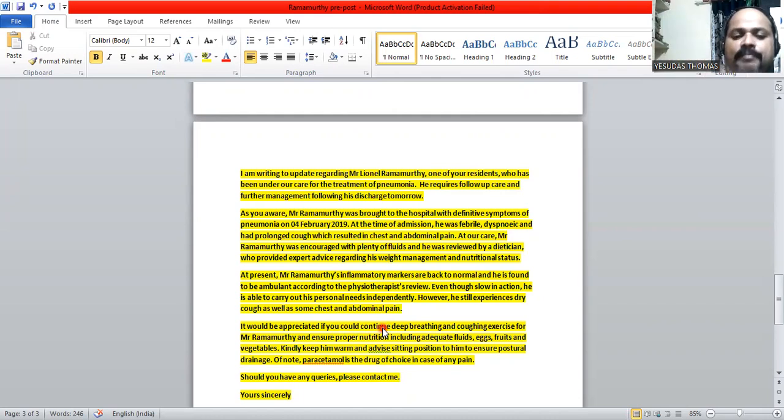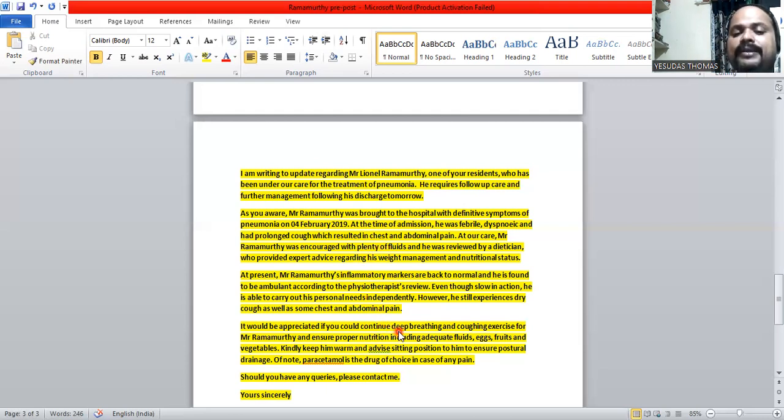So we don't need to repeat that in both paragraphs. Because it's follow-up care, it is something vital that we need to continue, and if I say it elsewhere, it will be a repetition. That's why I have given it here.